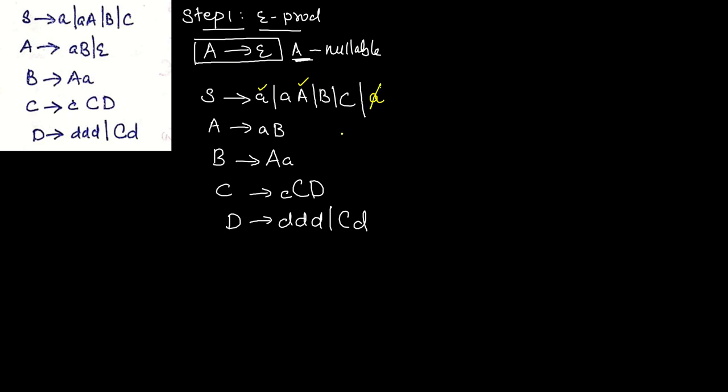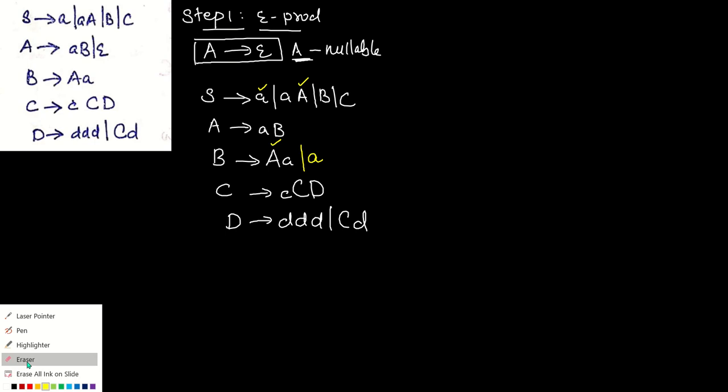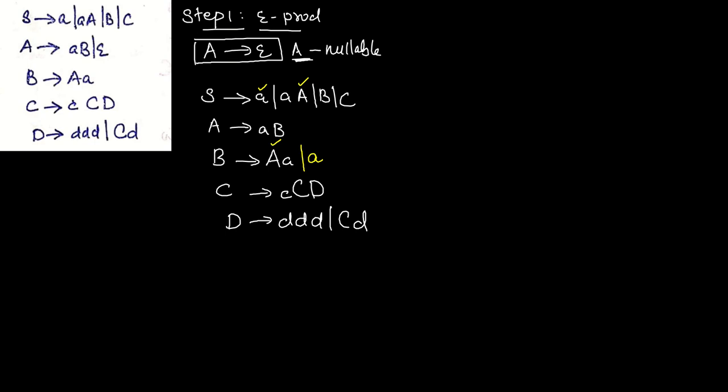Now we have another capital A over here. I will substitute epsilon for this A and I will get epsilon. So these are the productions after removing the epsilon production. I am going to remove this one, it is not necessary. That is a repeated one, so we don't write it again.